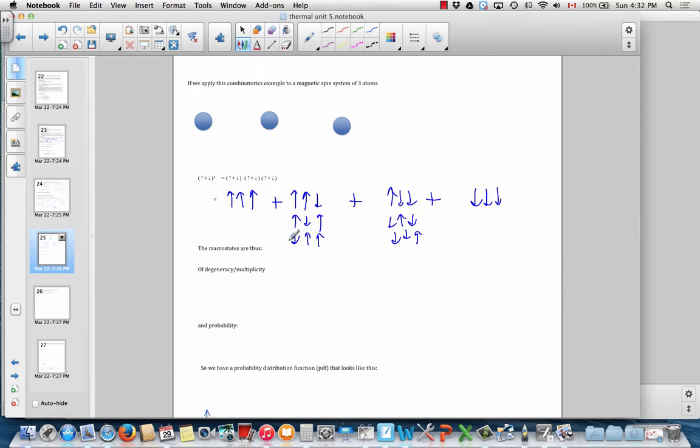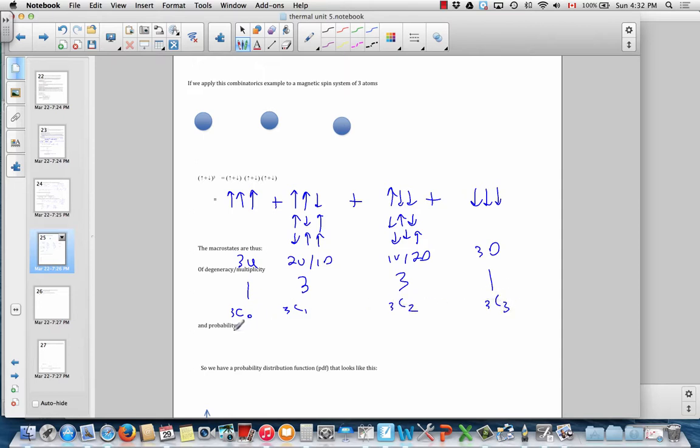So for our macrostates then, we've got 3 up, 2 up 1 down, 1 up 2 down, and 3 down. And the multiplicity we can see is 1, 3, 3, 1. That's exactly what you would get from your combinatorics, right? So this is going to be 3 choose 0, 3 choose 1, 3 choose 2, and 3 choose 3.